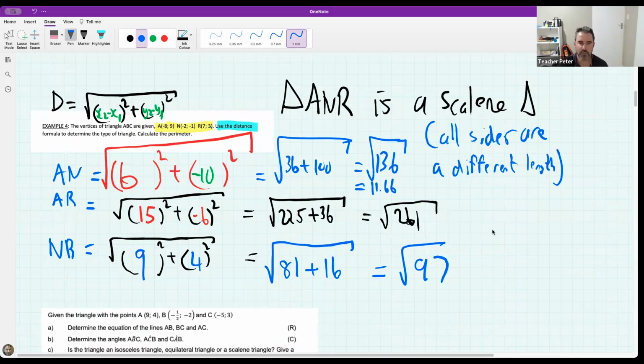Now, the last part of the question says you have to tell me the perimeter of this entire triangle. So what is the perimeter of the entire triangle?